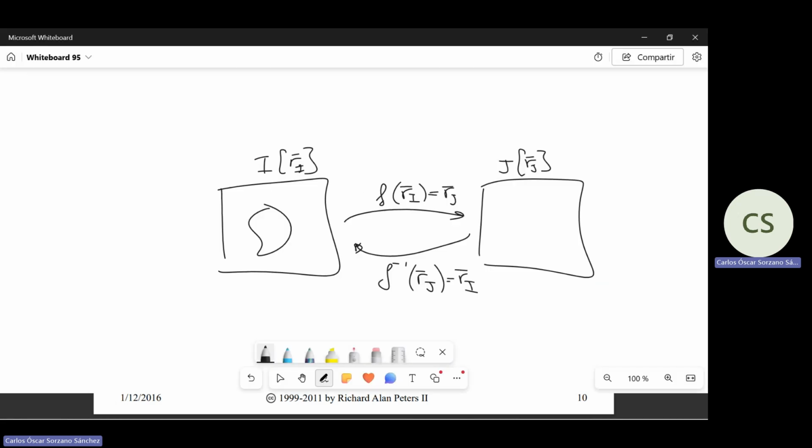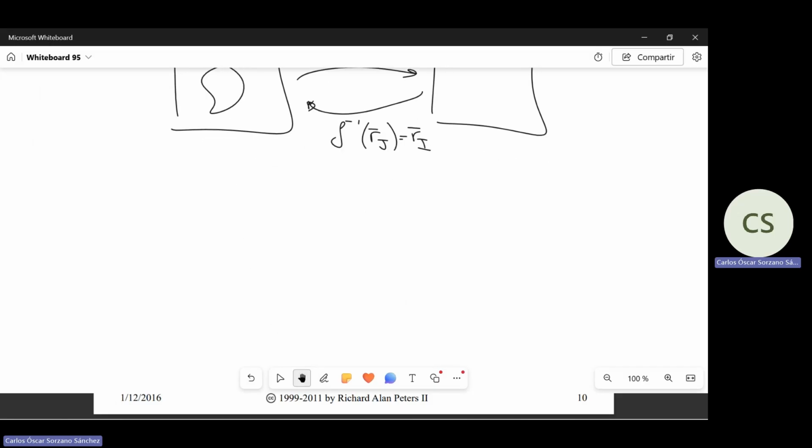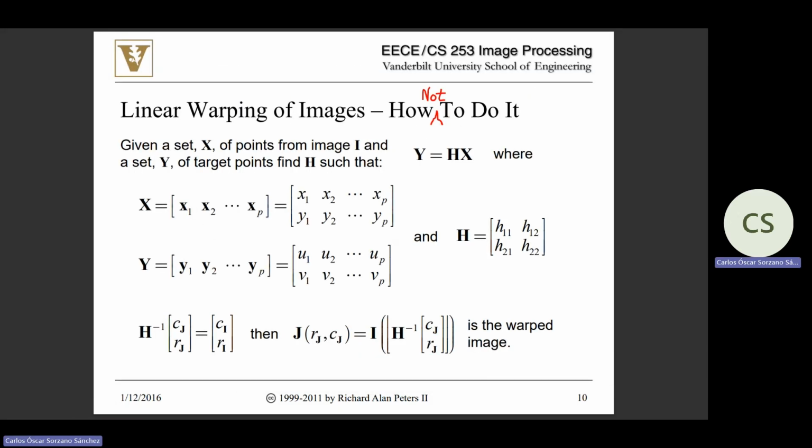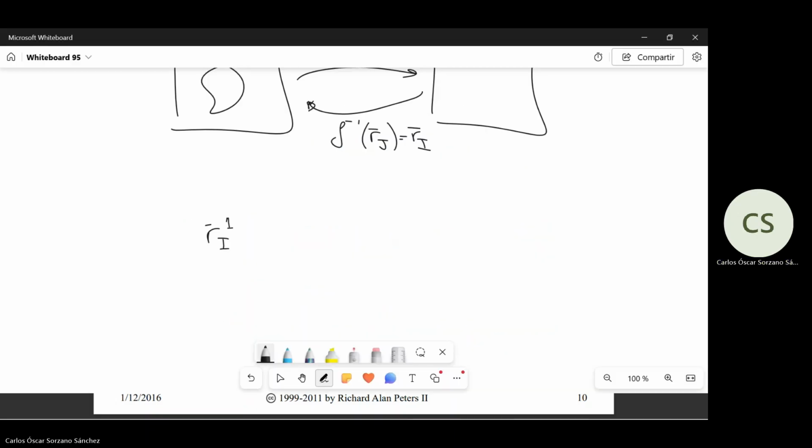So let's make the same reasoning, but now with our notation. What we are saying is you have a coordinate I. Let me see in which direction we are going. H goes from, okay, H goes, yeah. So we have this coordinate.